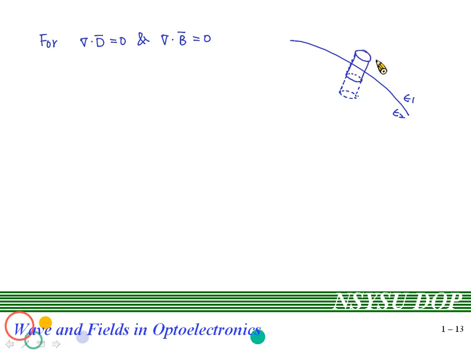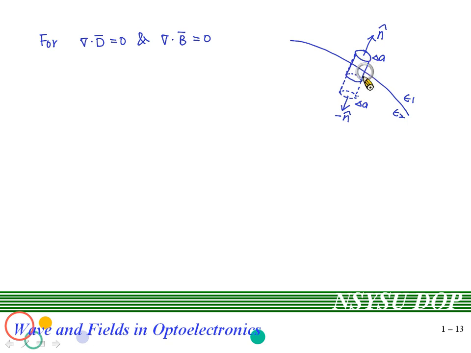For the upper surface, the size of the surface is delta A, and we have the normal vector n hat. For the lower surface, the size is also delta A, but the normal vector of the lower surface is minus n hat, which is in the opposite direction of the upper surface.